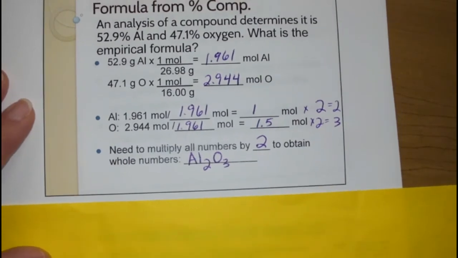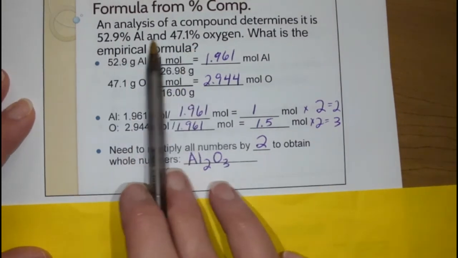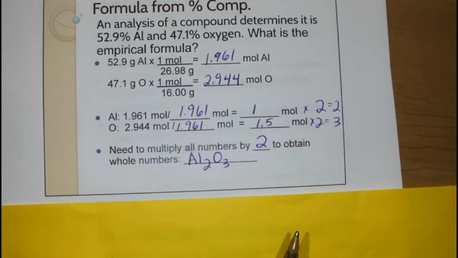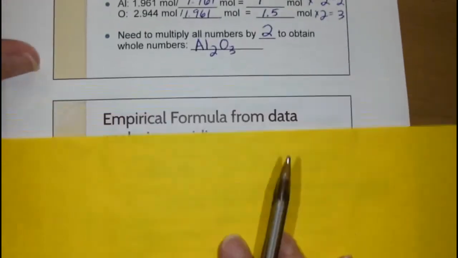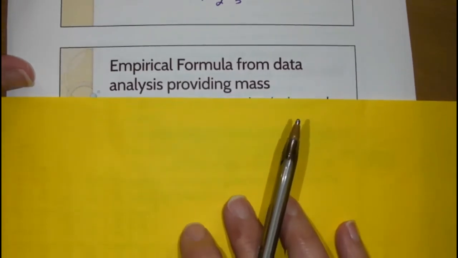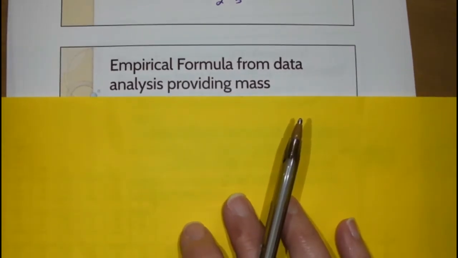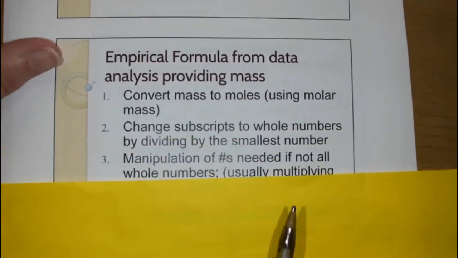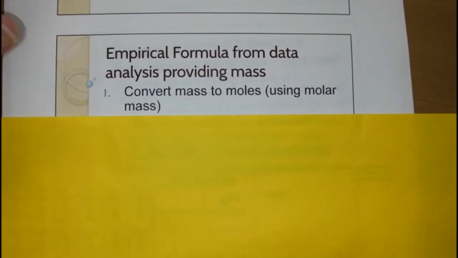Okay, so that's when they give you your analysis information in percent. Sometimes, instead of that, they will give you the information by providing the mass. So it'll say something like an unknown compound was analyzed and found to have this many grams of this, this many grams of that, et cetera. So for this one, we're basically skipping the first step.